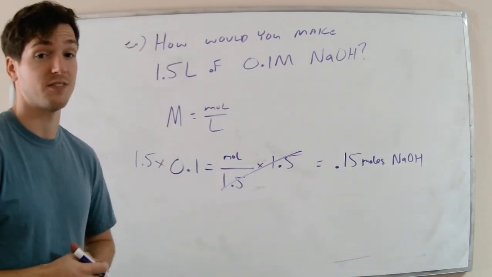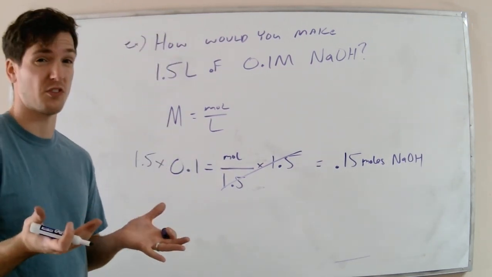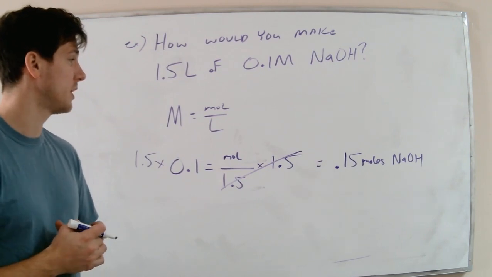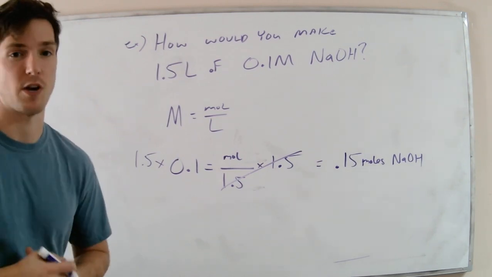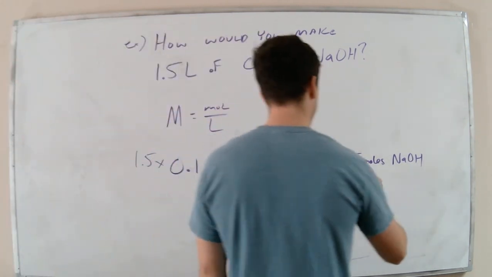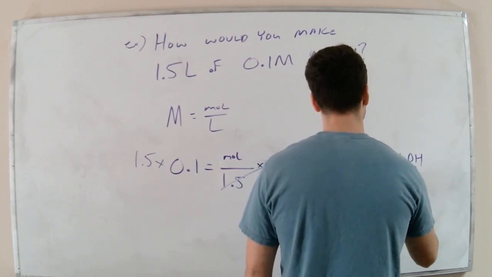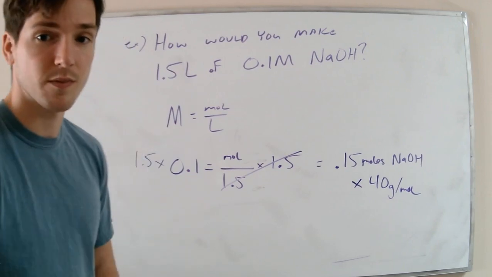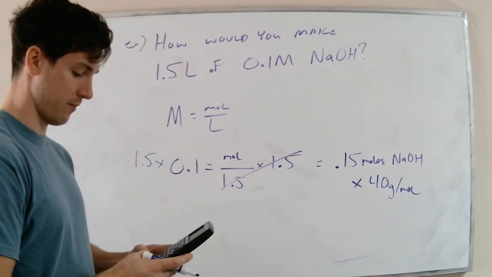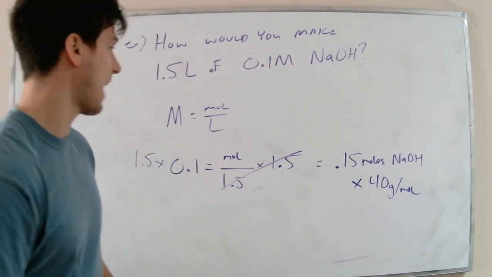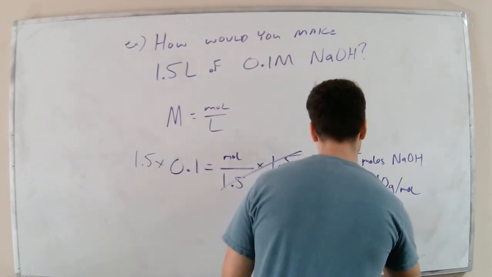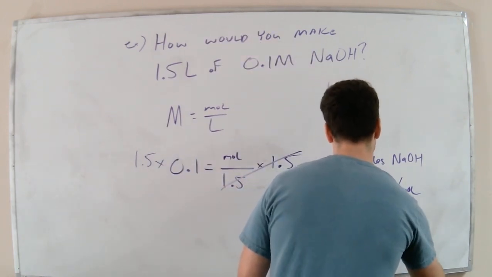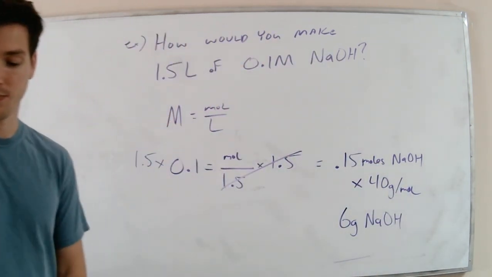And then I told myself, you can't measure out moles. There's no scale that will measure out moles for you, okay? But I can measure out grams. So let's change this moles to grams. So I multiplied it by the molar mass of NaOH, which is 40. So I'll take 0.15 times 40, and I would have gotten 6 grams of NaOH.